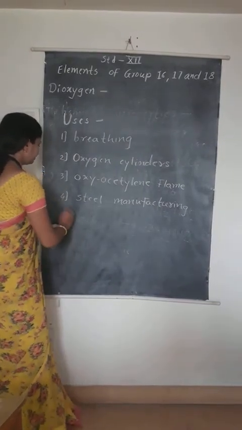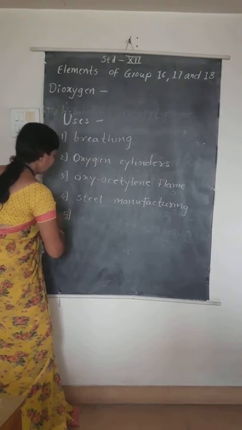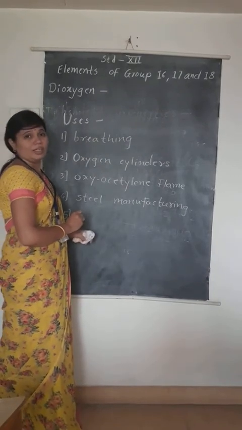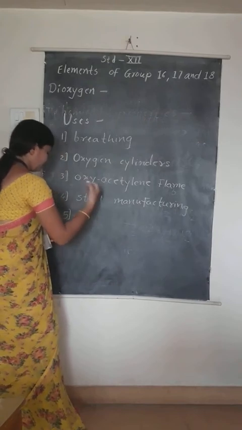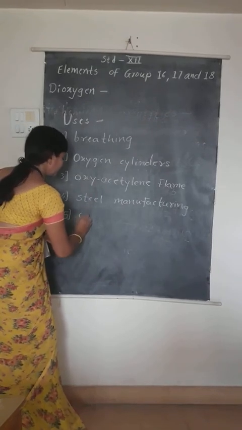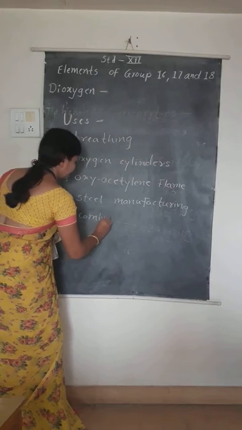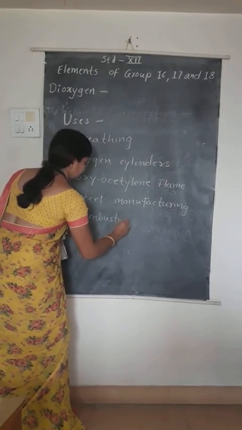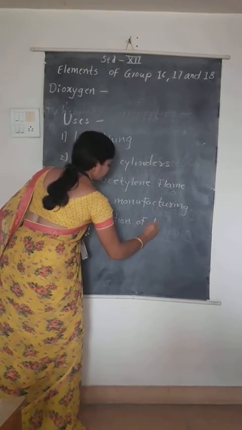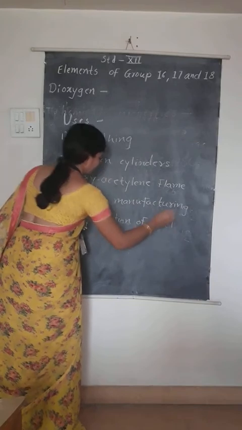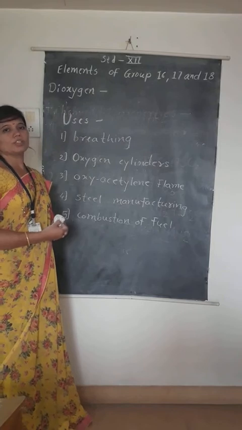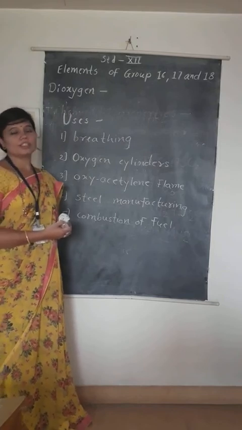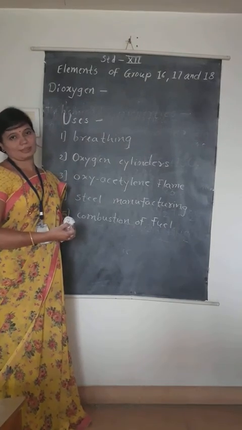Then next one, this dioxygen, it is used as a fuel or for combustion of fuel. For example, liquid dioxygen, it is used as a fuel for rockets.